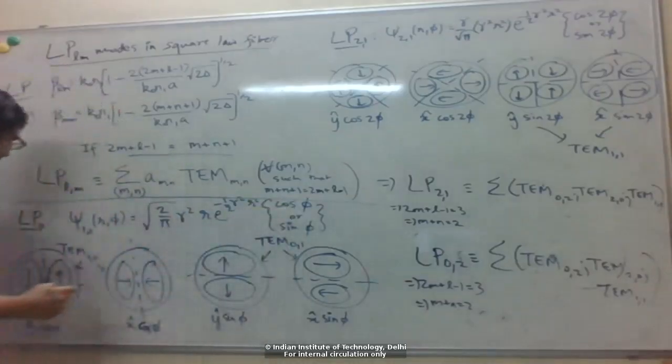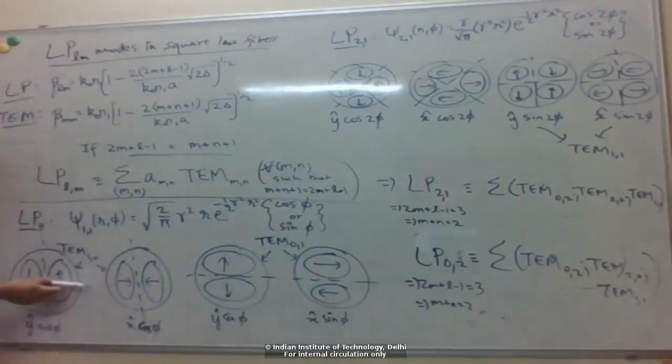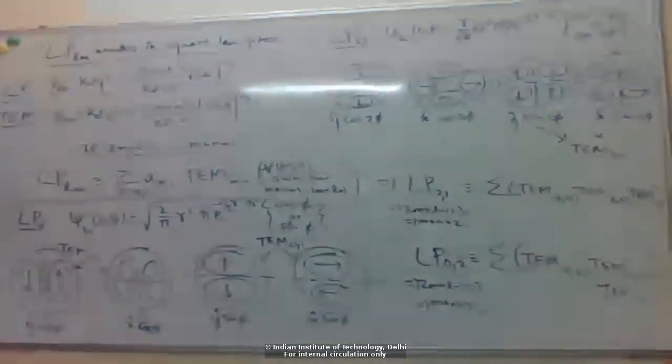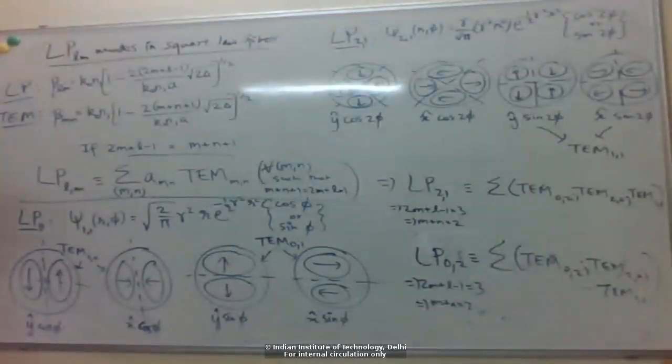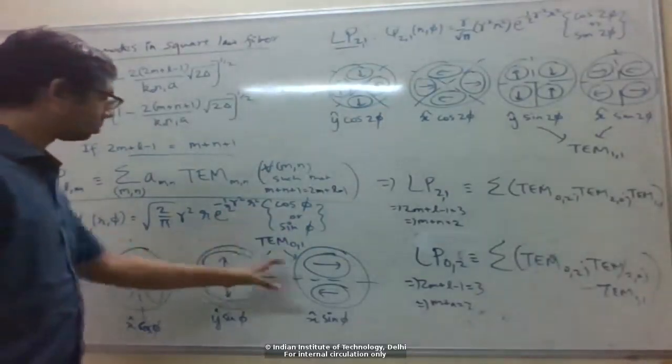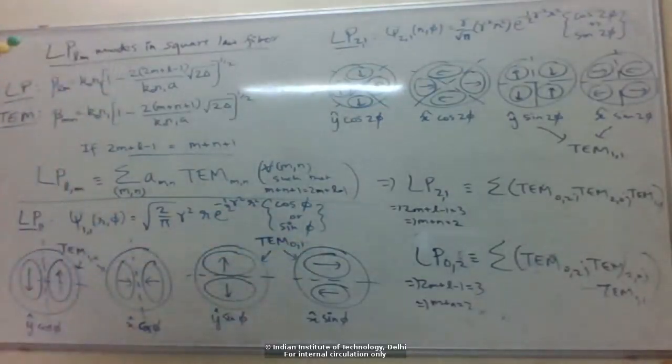If we take cosine phi, then the maximum is at phi equal to 0 and 180, and we have zeros at pi by 2 and 3 pi by 2. So that's why we have these lobes. If you take sine phi, the lobes rotate by pi by 2.